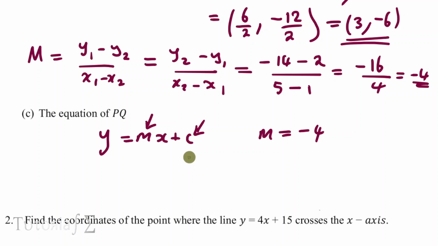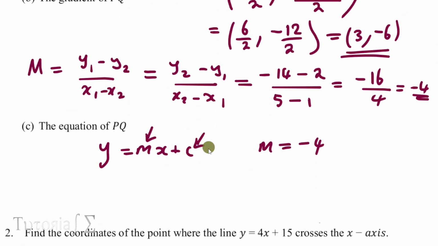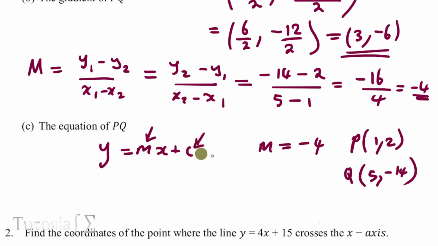To find c, you get any coordinate. So remember the coordinates that we have. We have p, which is 1, 2, and q, which is 5, negative 14. So you can choose whichever coordinate here, doesn't matter. So I'll pick the top one, which is 1, 2.